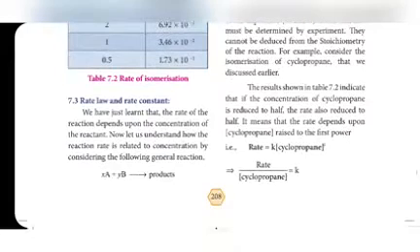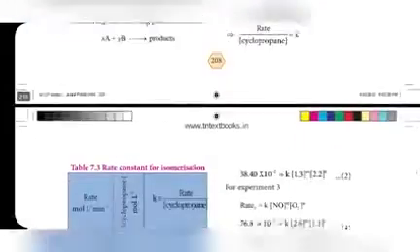Rate constant means K, that is also obtained from the rate law expression only. In the rate law expression, rate is equal to K into concentration of reactant. If you rearrange this equation, rate divided by concentration of reactant, here that is cyclopropane, is equal to rate constant K.